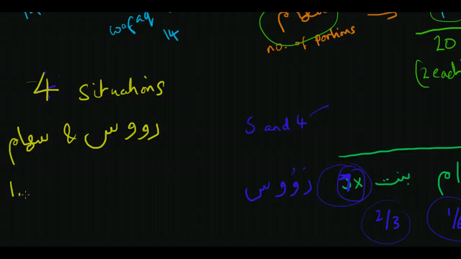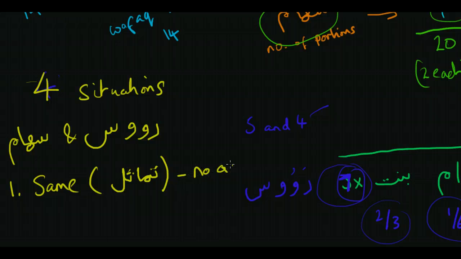Situation number 1 is they're the same. This is called in Arabic tamathul. And we don't need to do anything. No action needs to be taken. So this is the situation where there's one person and they get 1 share. So we don't need to take any action in that situation.